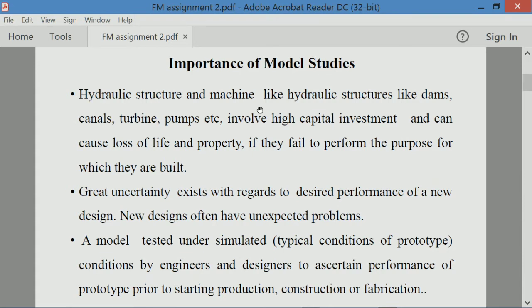That's why the models are required to be tested before the planning, commencement of construction, or actual implementation of that design. The model needs to be tested. So after getting the confirmation from that working model, you can go for that specific design. So this is the importance of the model studies.